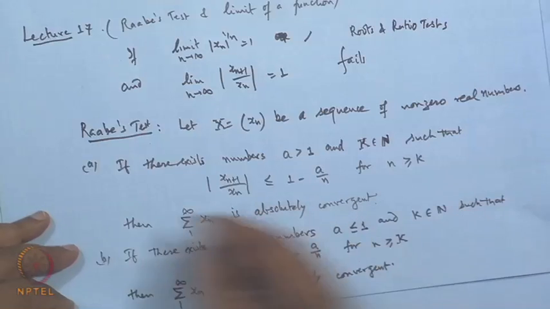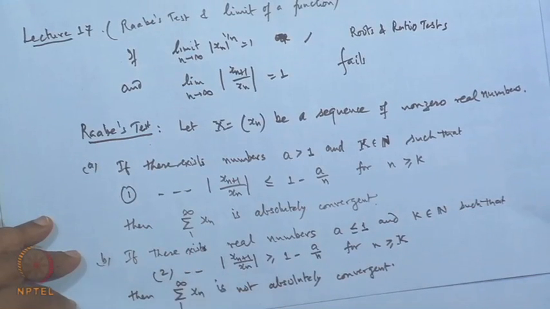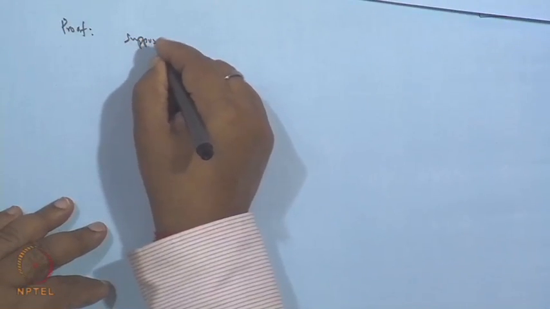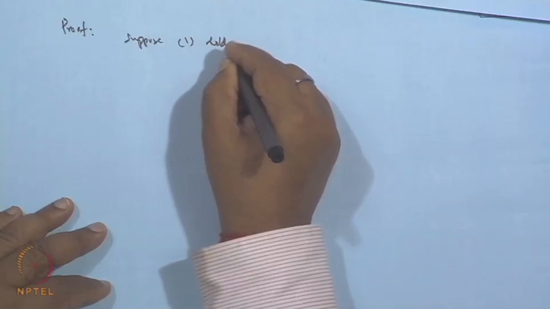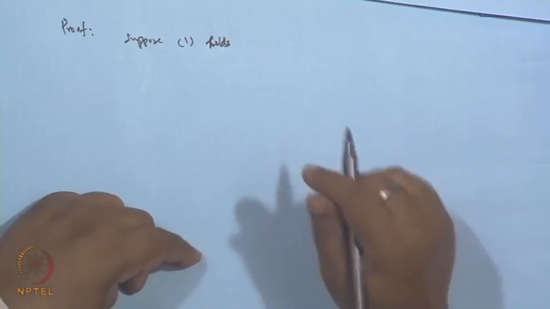Suppose this is inequality 1, and this is 2. Suppose 1 holds. Then we have to show the series is absolutely convergent.